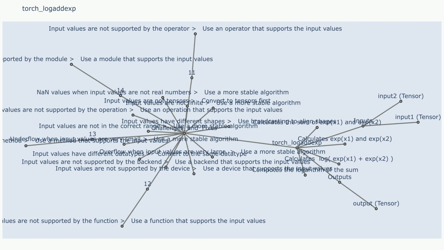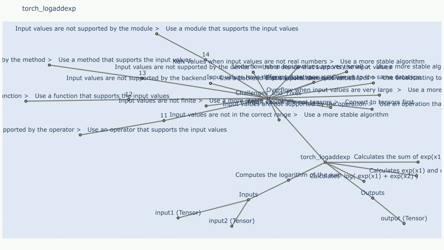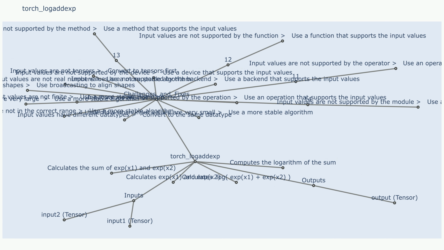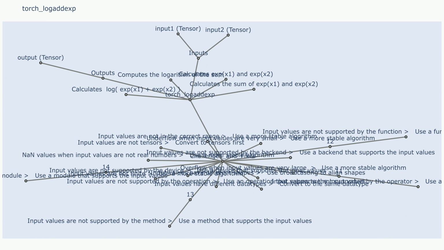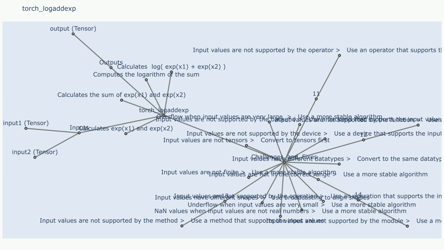torch.logaddexp. Description. Calculates the logarithm of the sum of exponentials of the given inputs. This function is mathematically equivalent to log(exp(input1) + exp(input2)). Inputs: input1, a tensor of any shape containing the first input. Input2, a tensor of the same shape as input1 containing the second input.